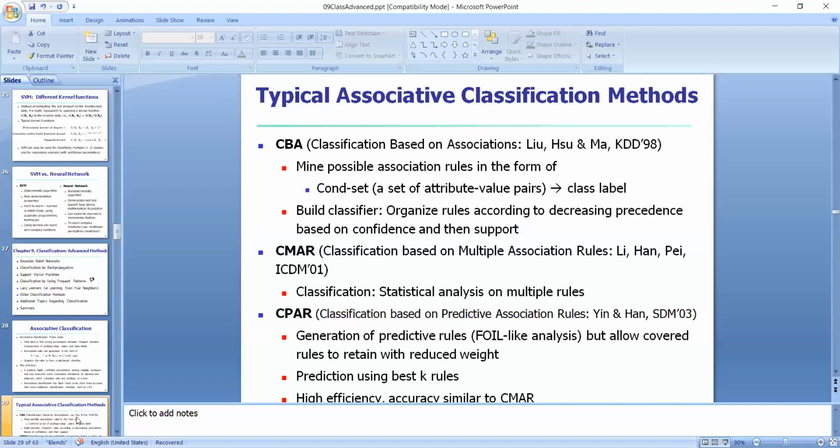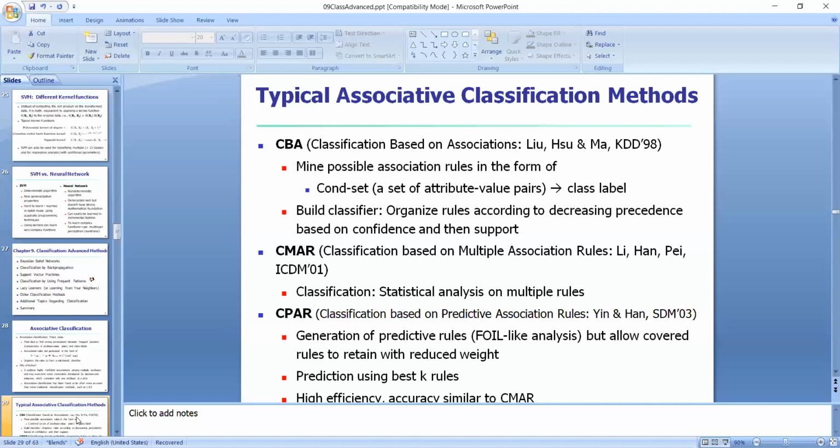CBA makes use of a method similar to the Apriori algorithm, that is, it goes for multiple passes. Now you have studied one more method, FP growth, frequent pattern growth, which avoids the multiple passes over the data tuples.